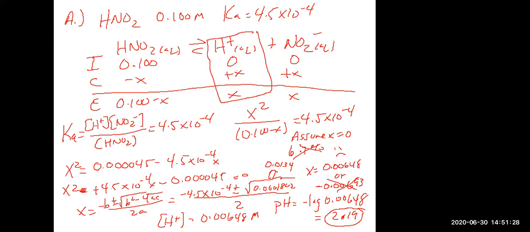Any questions on that calculation? We see that we did get a buffer, and that's what we would expect to happen. And like I said before, you could have done another ICE table instead of that part. Any questions on any of those steps?